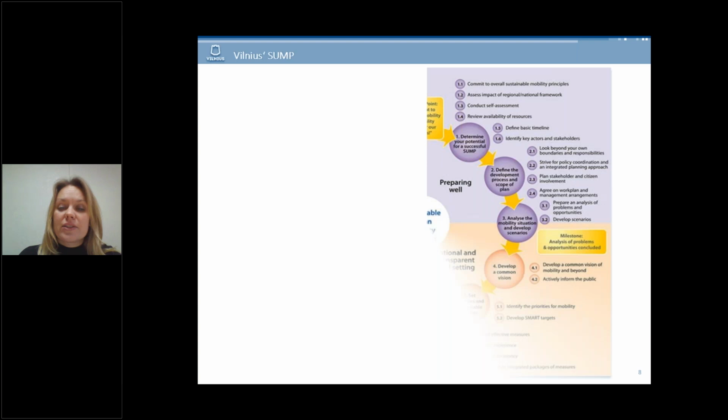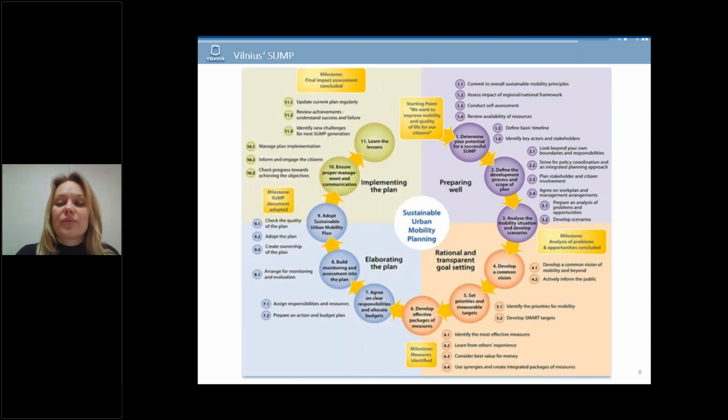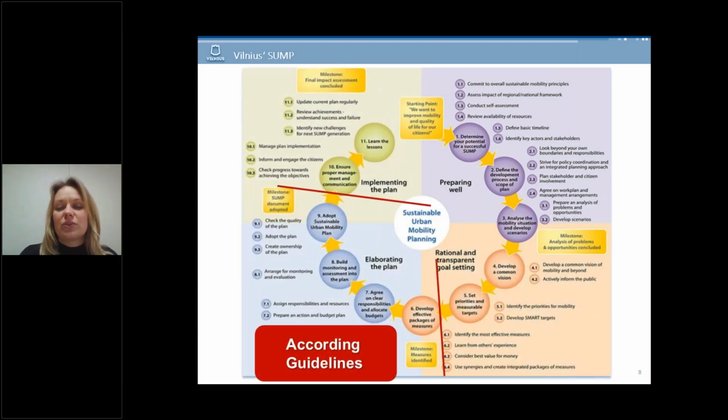So if we look at how we fit the well-known SUMP circle, unfortunately I must say we are covering like 30 or 25% of the whole circle in our national guidelines.